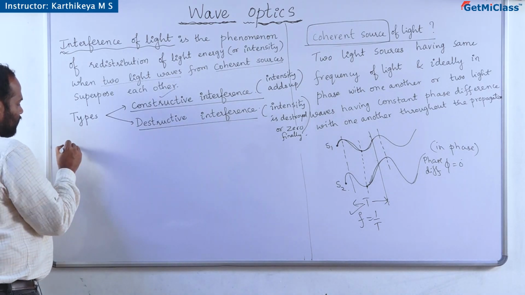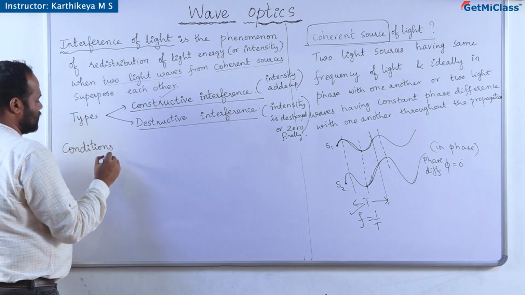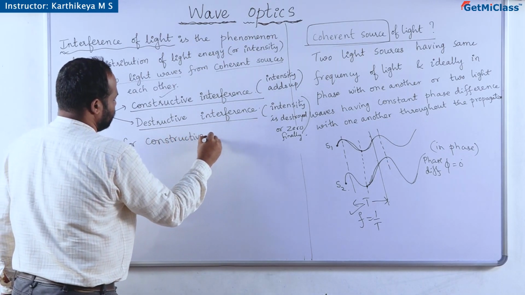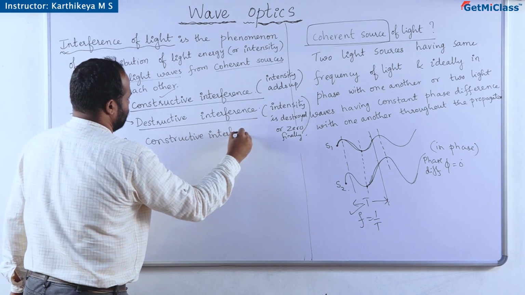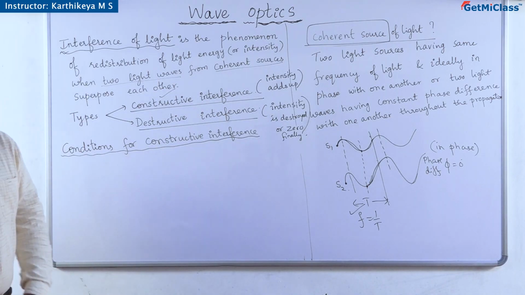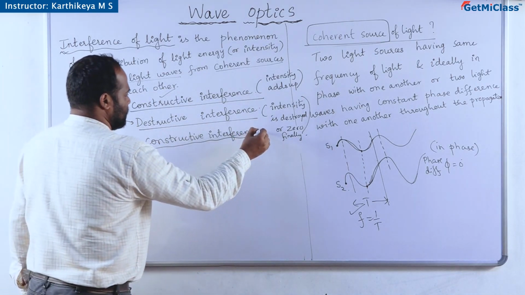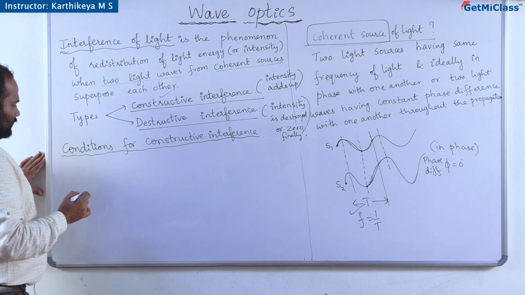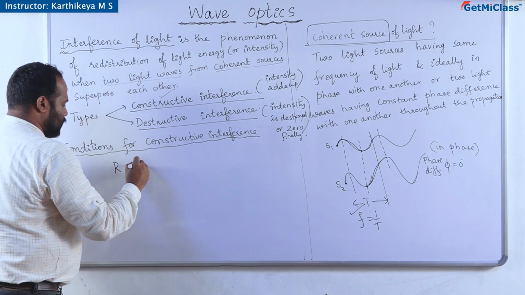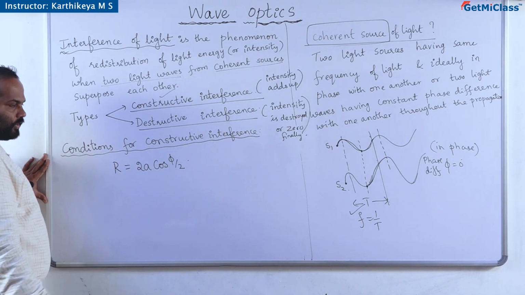Now we shall look into the conditions of interference, starting with the conditions for constructive interference. If you observe here, R is equal to 2a cos(phi/2).